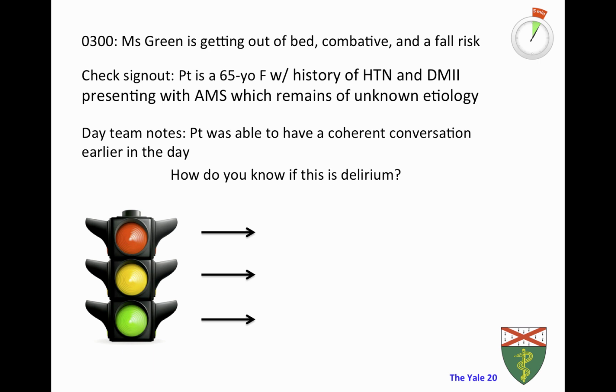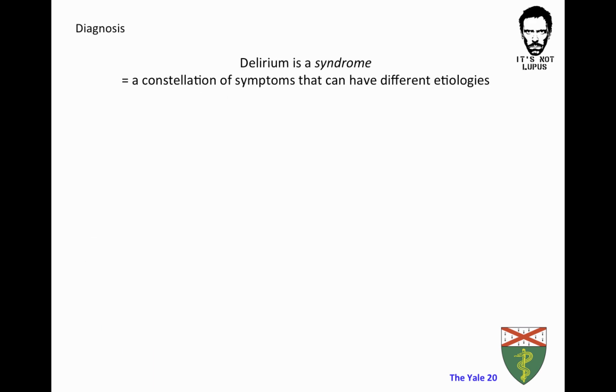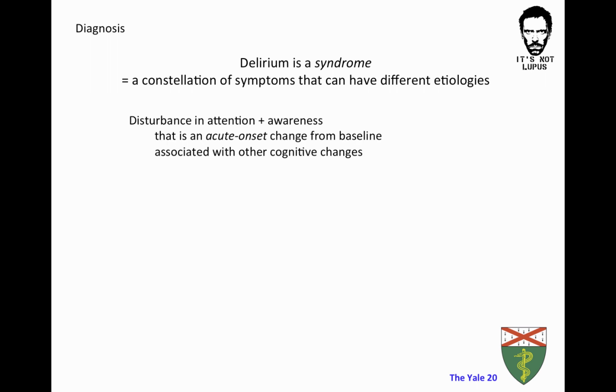How do you know if this is delirium? First, delirium is a syndrome, a constellation of symptoms that present similarly regardless of the underlying etiology, kind of like fever. It is a manifestation of an underlying process. Fundamentally, delirium is a disturbance in attention and awareness. This is an acute onset change from baseline and is associated with other cognitive changes.